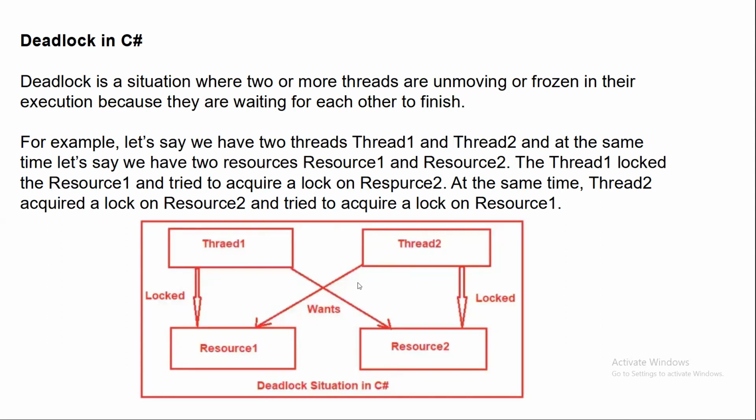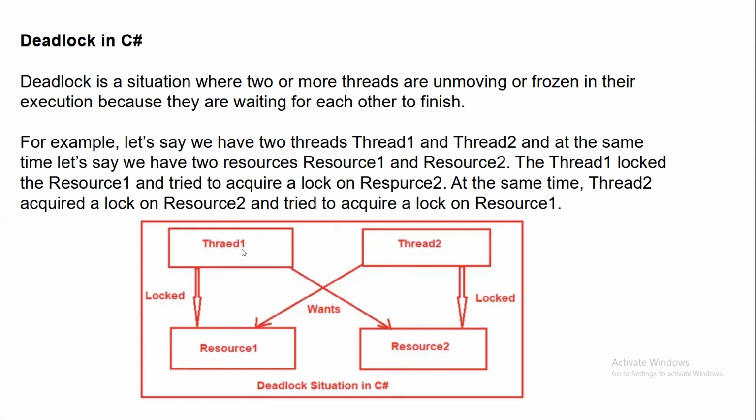Why? Because one thread is waiting for the other thread to release the lock, and in the same way the other thread is waiting for the first to release its lock. If you see here, I have two threads and two different resources, and I want locks on both resources so that I can achieve my task.